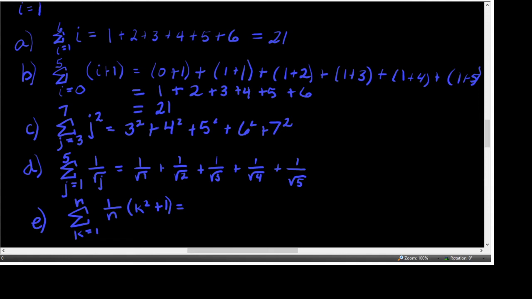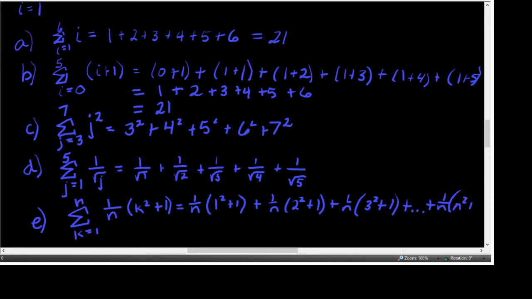All right, so in this example we get 1 over n times 1 squared plus 1, plus 1 over n times 2 squared plus 1, plus 1 over n times 3 squared plus 1, etc., plus dot dot dot, plus 1 over n times the quantity n squared plus 1.